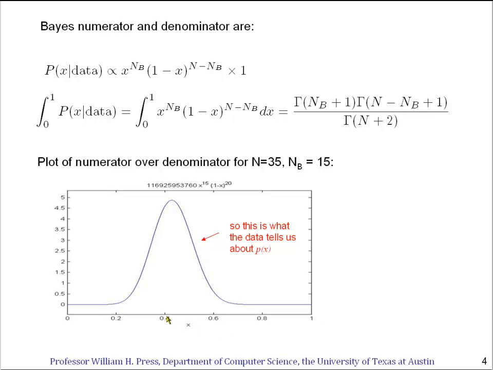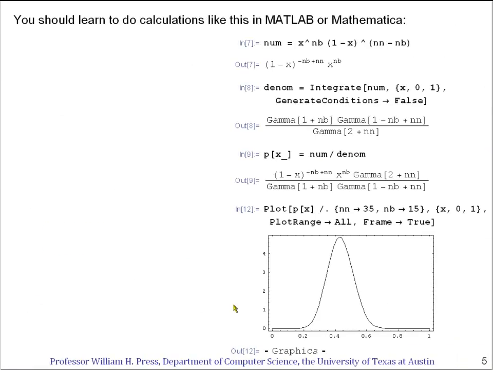You can see that the most likely value of x is somewhere around 0.4. We'll compute it more accurately on the next slide. And you can see that it's not exactly certain what value x has. It could be sort of anywhere in this distribution. There's even a very small chance that it could have a value as big as, say, this.